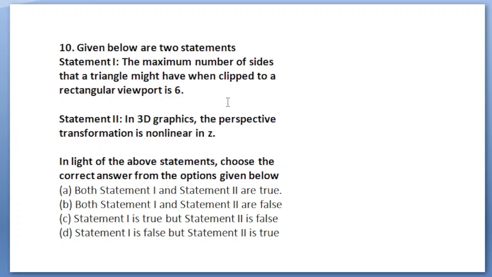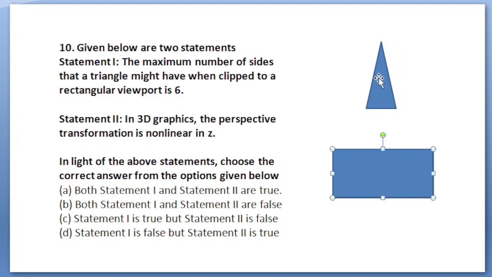If we clip a triangle against a rectangular viewport, how many sides will we get? They are saying 6 sides, but we have to check how many sides we actually get.